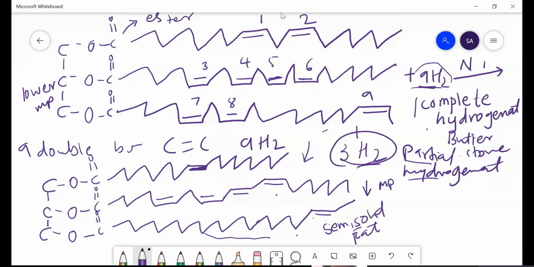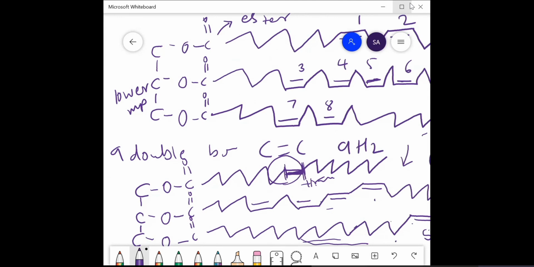When you perform partial hydrogenation, you get only a certain amount of saturation, and there is still unsaturation. But during this process there is a disadvantage: some of the bonds have converted into trans. See, this is a trans. This is cis, where H is on the same side.